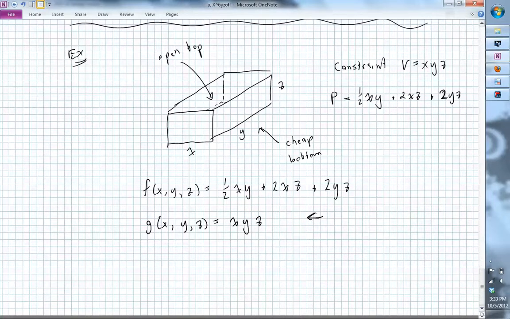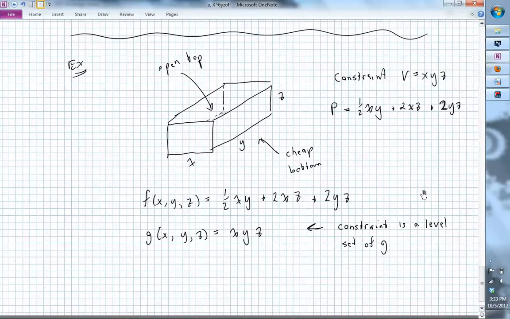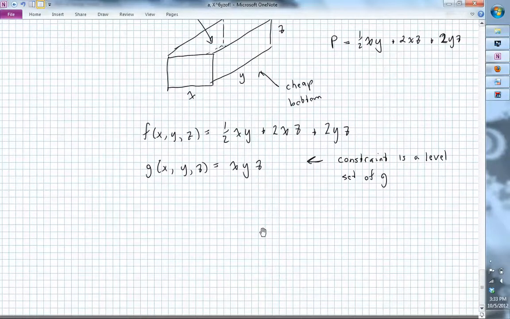And again, I'm just going to keep noting this until it sinks in, that the constraint is a level set of g, right? So how do I get the constraint? I take g and I set it equal to V. That gives me a level surface.